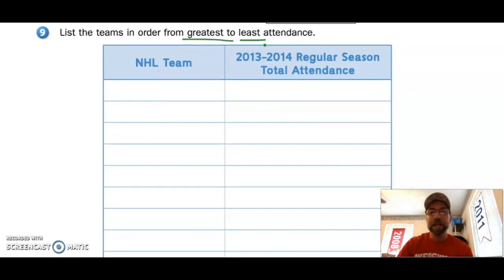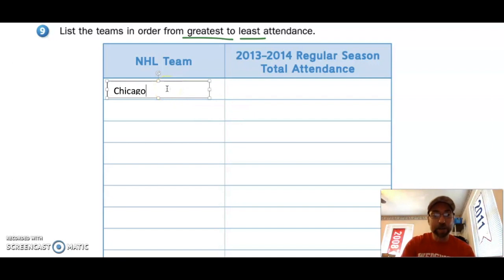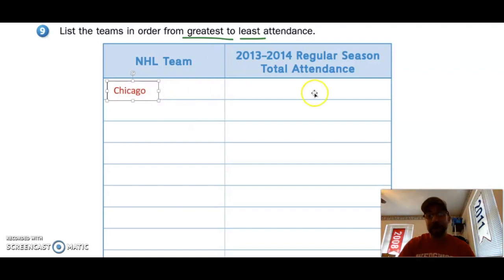Now, we already know what our greatest team is. Our greatest team we know is Chicago. We've answered that question before. So our first team is going to be Chicago. Now, on the other side, you're going to have to write the attendance for Chicago.